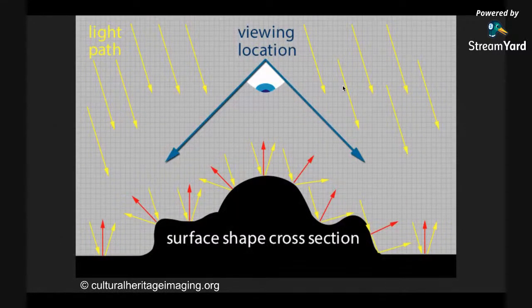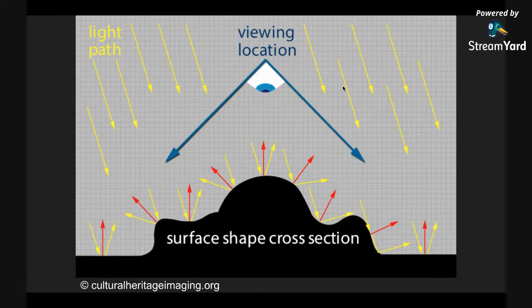Basically, the way this works is that as you're taking the photograph, your camera, the viewing location, as shown in this image, which is borrowed from culturalheritageimaging.org, who are specialists in RTI, both in training and in capture, the light reflects from the object at different angles, and therefore at different intensities to the location, depending on the angle of the surface where the light strikes it and the angle at which the light was originally.